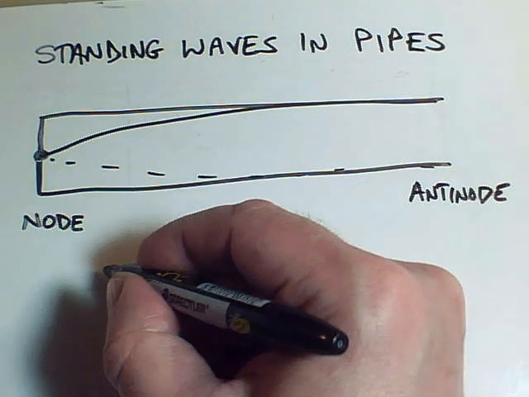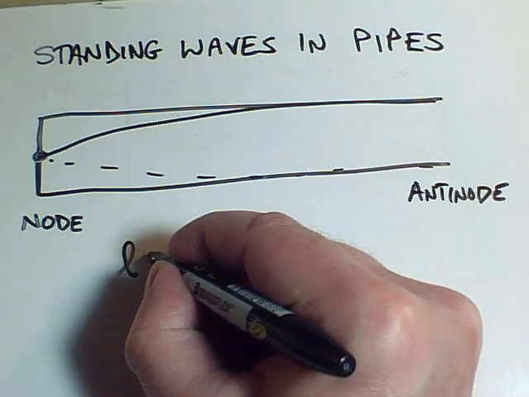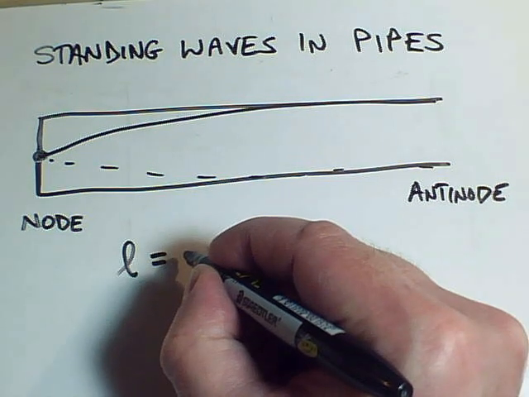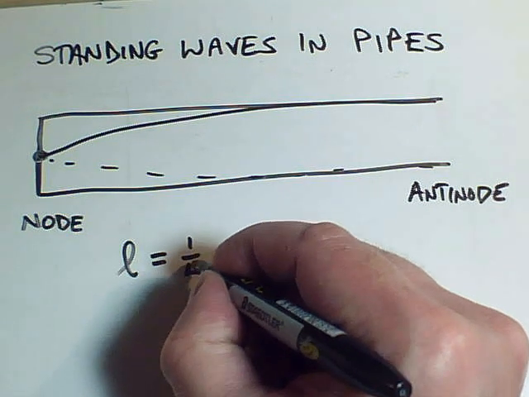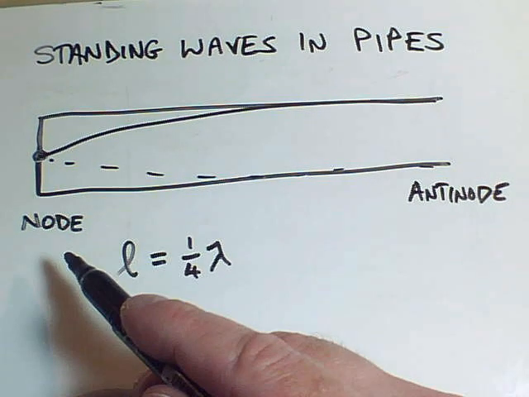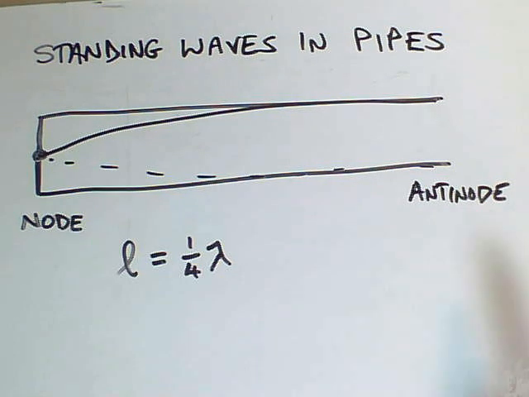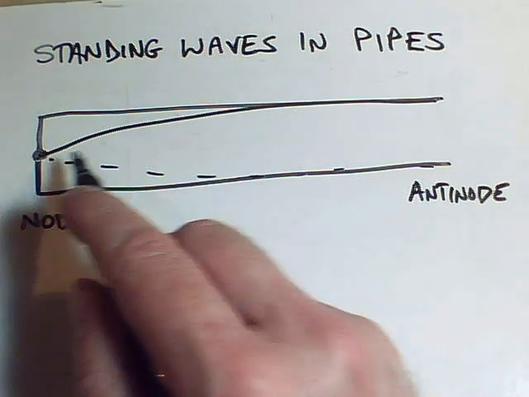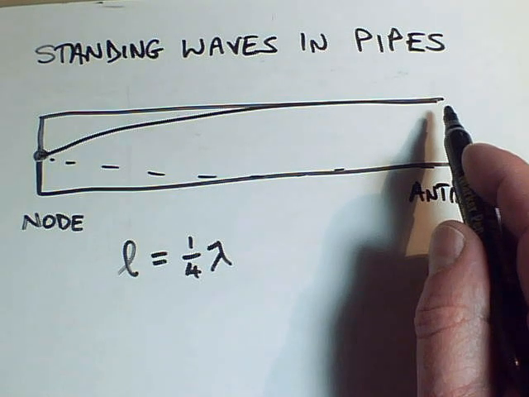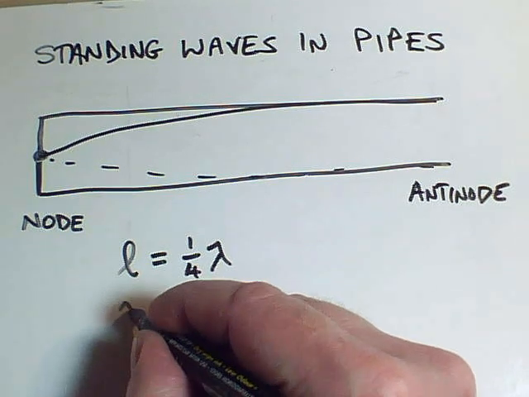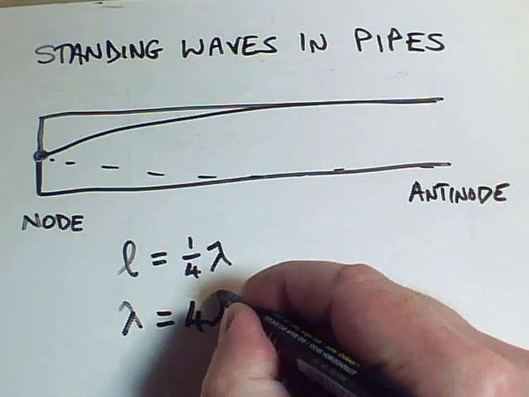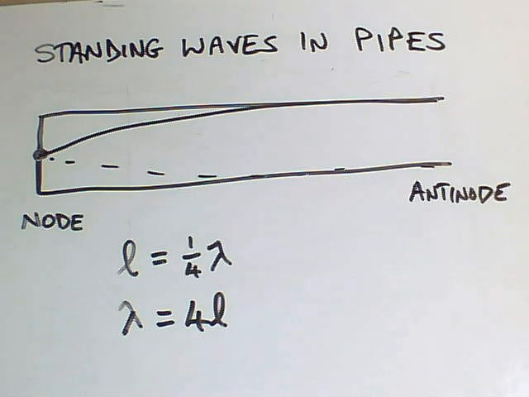What's my wavelength in relation to the length of my tube? Well, the length of the tube is now a quarter of a lambda. Remember, the distance from a node to the next node would be half a wavelength, but I've only got half that distance because I've only gone as far as the next antinode. So lambda is 4 times the length of the pipe.